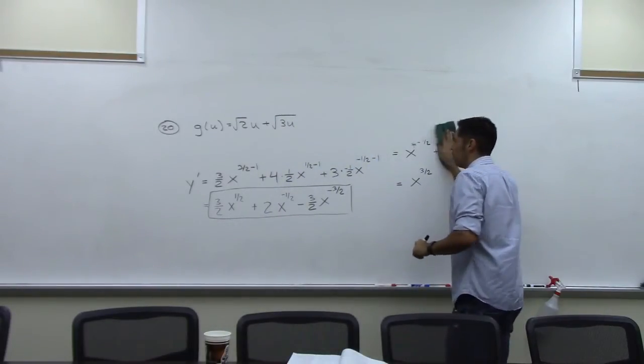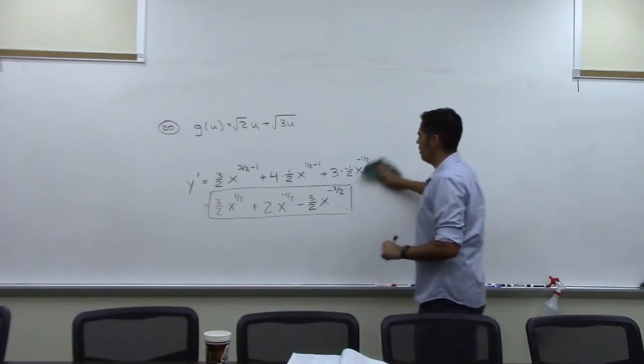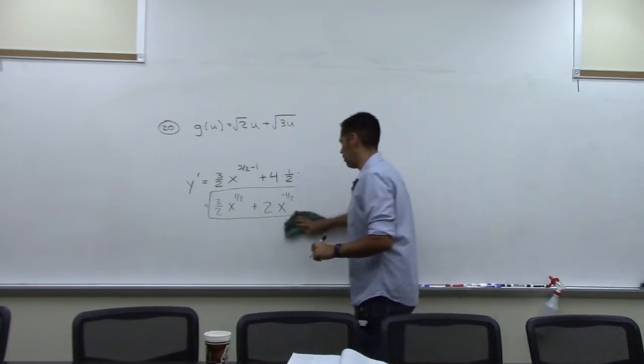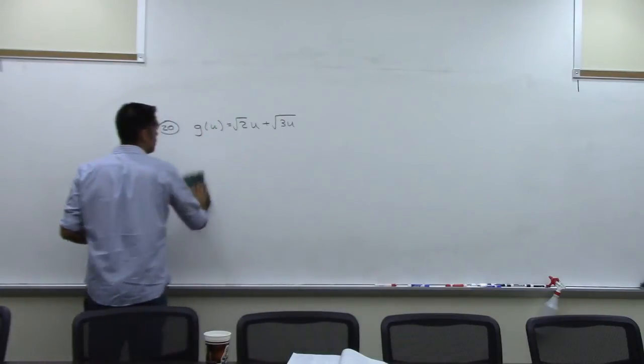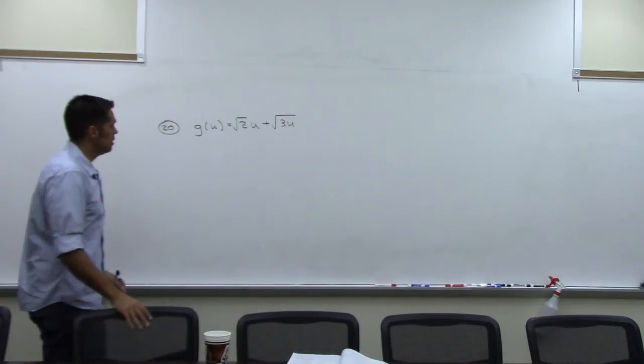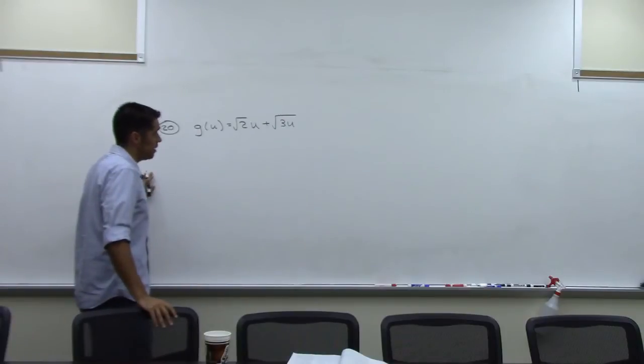In the first term, root 2u, the u is not underneath the square root. In the second term, root 3u, the u is underneath the root. And so that's going to make a big difference when it comes to taking the derivative.